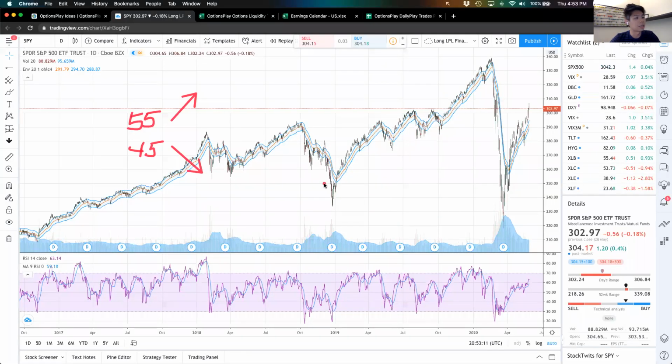Then we noticed that in the recent past, starting about 2019, that number skewed towards 60% of days or weeks when the markets moved higher, and only 40% of the time the markets moved lower. Because what ended up happening was that markets, when they move lower, move much faster.